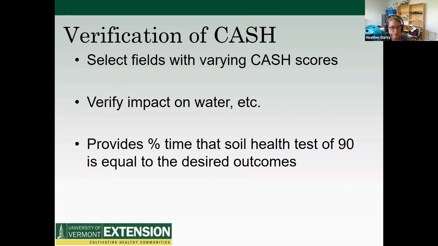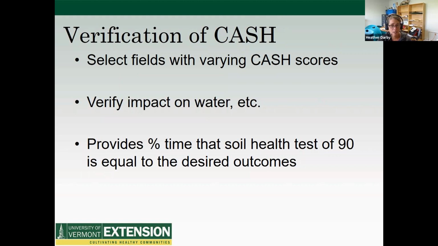So somewhere along the way, I think it's in our best interest to use a pilot to verify what the outcomes of CASH are in regards to water quality or other ecosystem services we might be thinking about, okay?